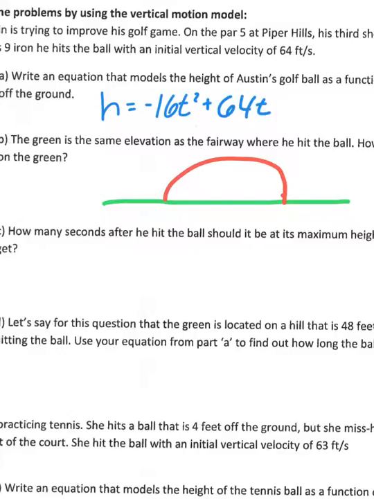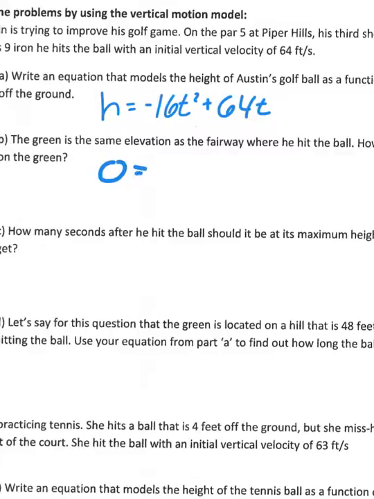So the initial height was 0, so then h, the height as this ball is traveling that we're looking for at this same point, is going to be 0 too, just like it was for the initial. So just like we put 0 in for s, we're also going to put 0 in for h this time. So it's going to look like 0 equals negative 16t squared plus 64t.